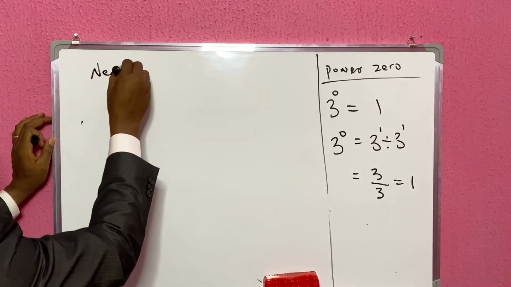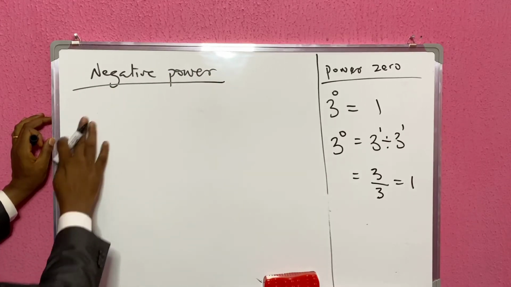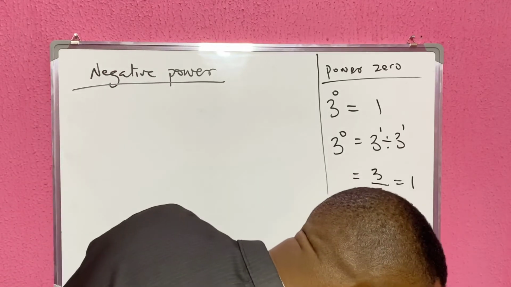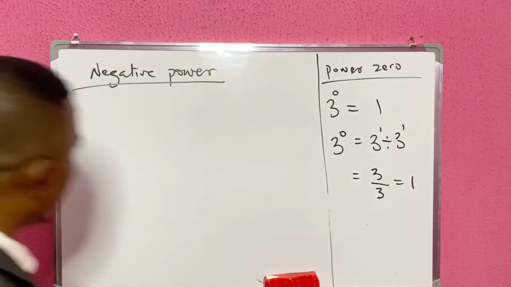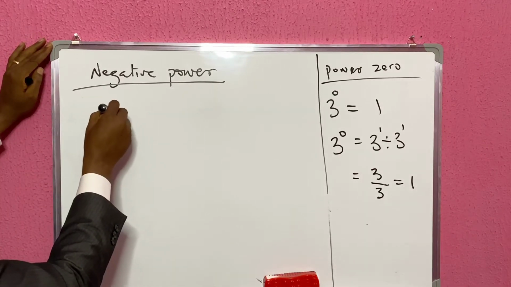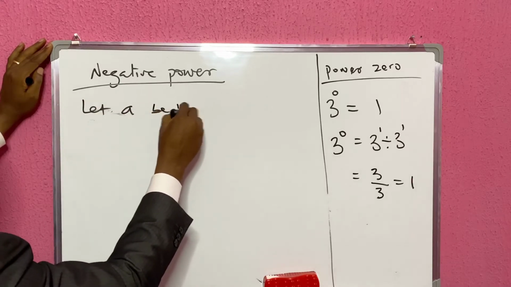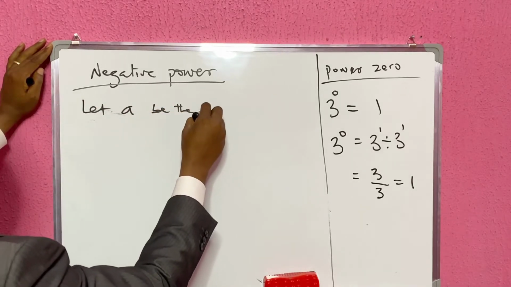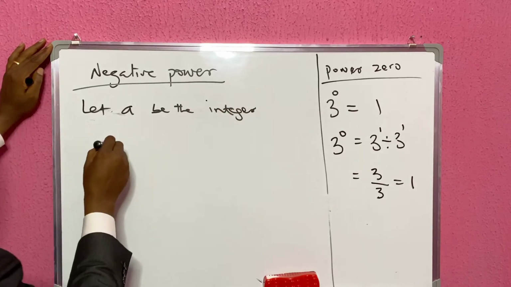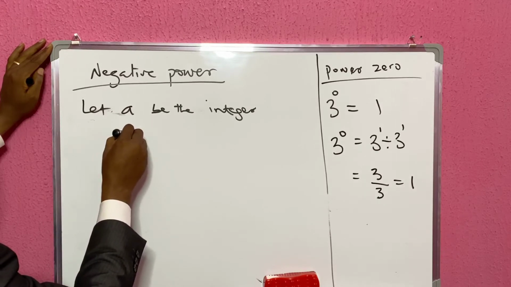Negative power. Let A be the integer. A raised to the power minus n.